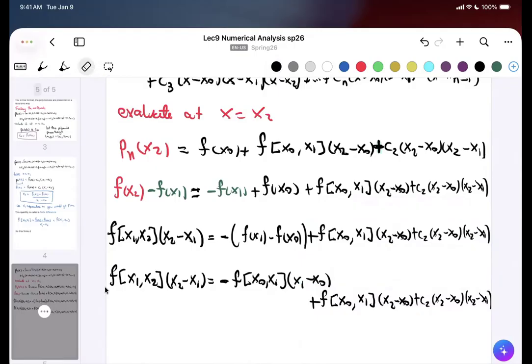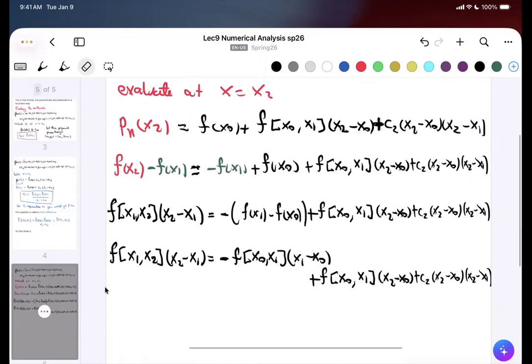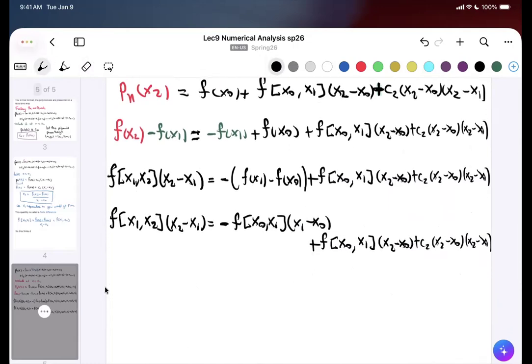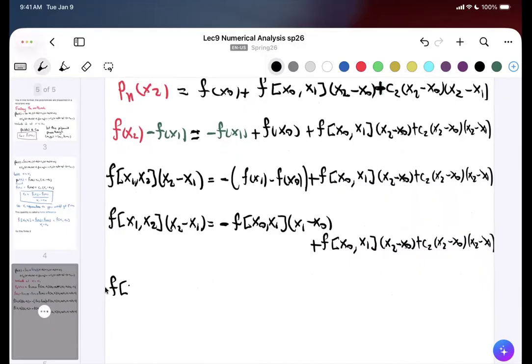In the next step, I can factor out this divided difference, and something fun happens, as you'll see in a moment. So let me factor this one out.